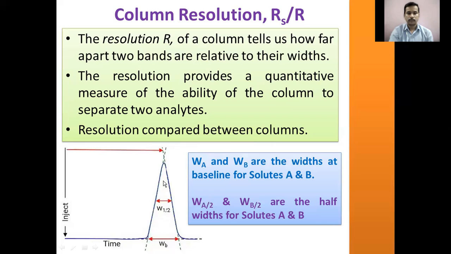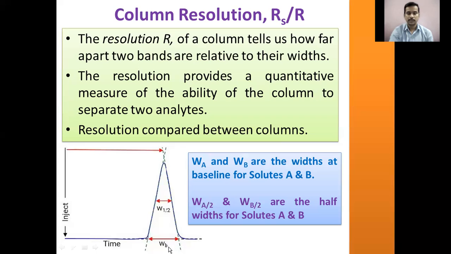You know the general picture of a chromatogram. A chromatogram is a graphical representation of the detector signal versus time. You will be getting a symmetric peak. Symmetric peak means if you cut the peak into two equal halves, one half will be exactly the mirror image of the other half.